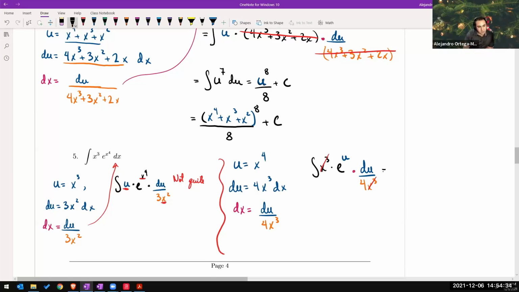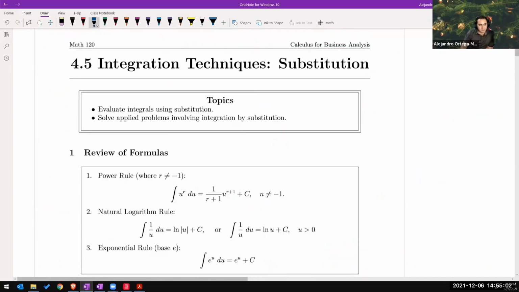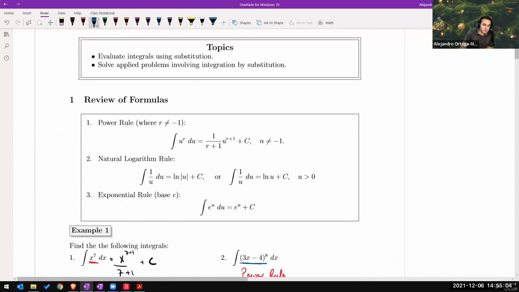The integral is now looking like the integral of, the 4 can get kicked out to the front, so it's 1 over 4 e to the u du. Okay. Now I only have u's, so we can perform this antiderivative. Now, how do we perform the antiderivative? Well, if we take a look at the formulas from last time, we see here, oh, the integral of e to the u du is simply e to the u plus c.